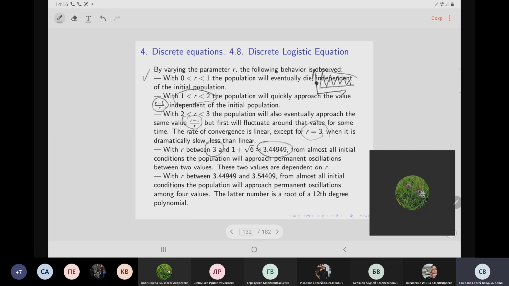Then, with further increase of r, there are oscillations among 4 values. So period doubling begins, and we can see that the span between 2-period solutions, 4-period solutions, and so on is very short.